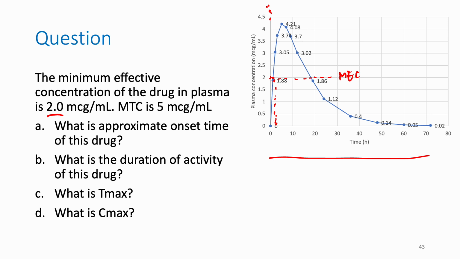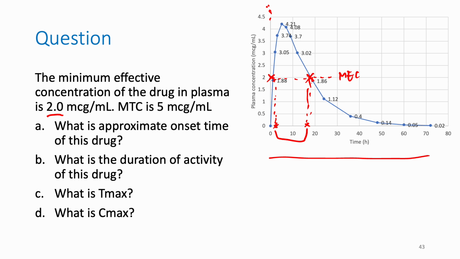B. What is the duration of activity of this drug? The duration is the time between when the drug reached the MEC to the last time the drug reached the MEC. So the duration of activity is the period of time between this one and this one.